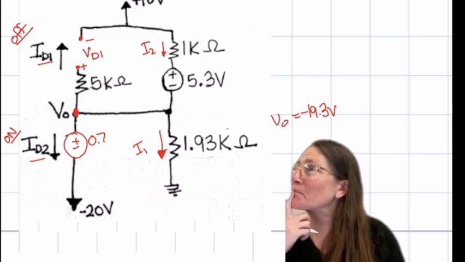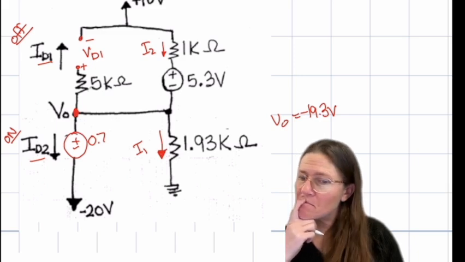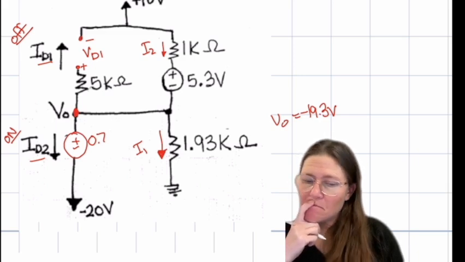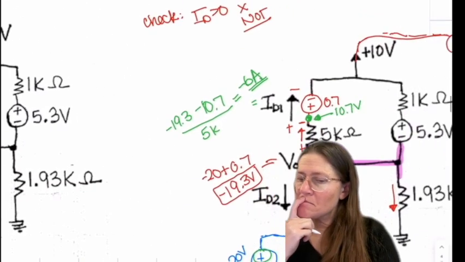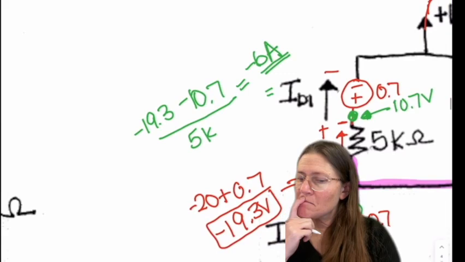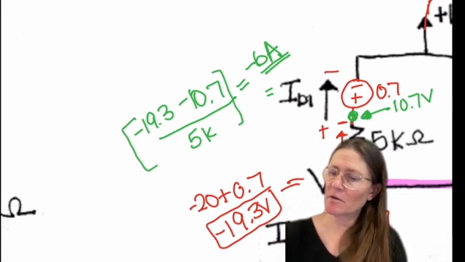Real quick, why did you do the negative 19 minus 10 instead of doing the final minus initial? Just because it's like gaining voltage instead of losing it? This right here, you mean the current? Yeah.